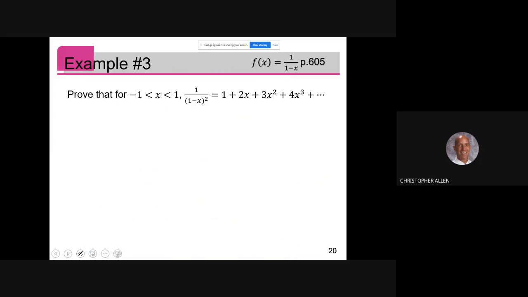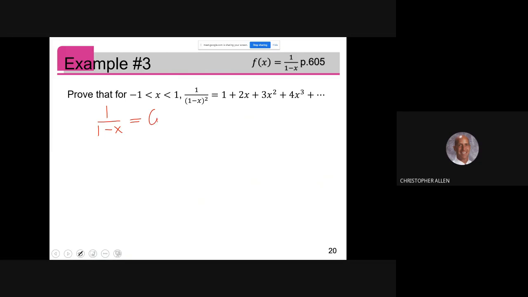Okay, here's my last example, and I'm going to go very quickly. It says prove that for -1 less than x less than 1, 1 over (1 minus x) squared is equal to the following. So I'm going to go back to something I mentioned earlier. You guys don't remember this?